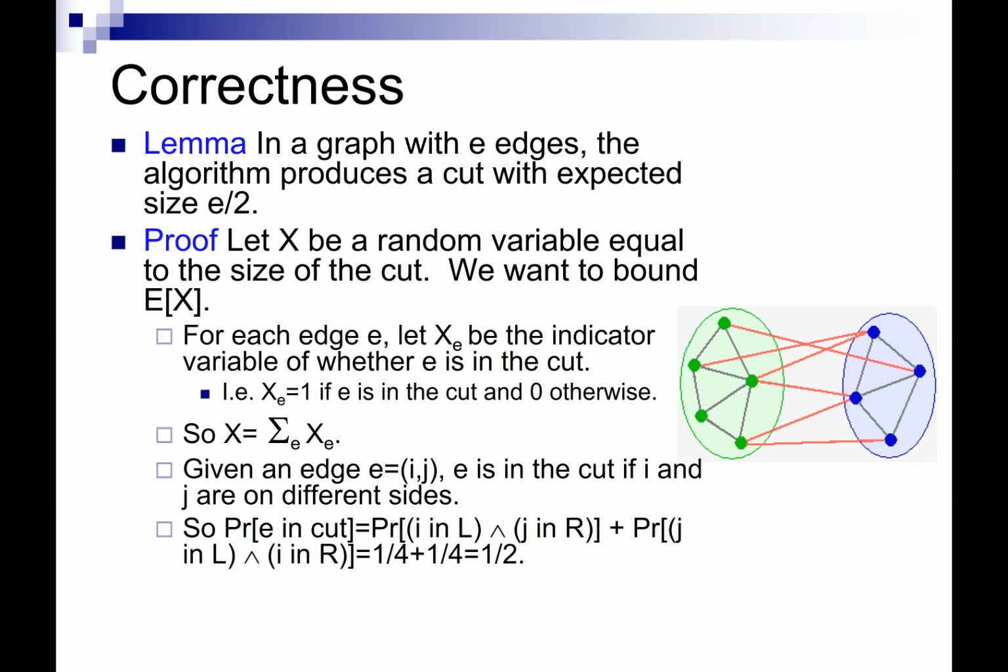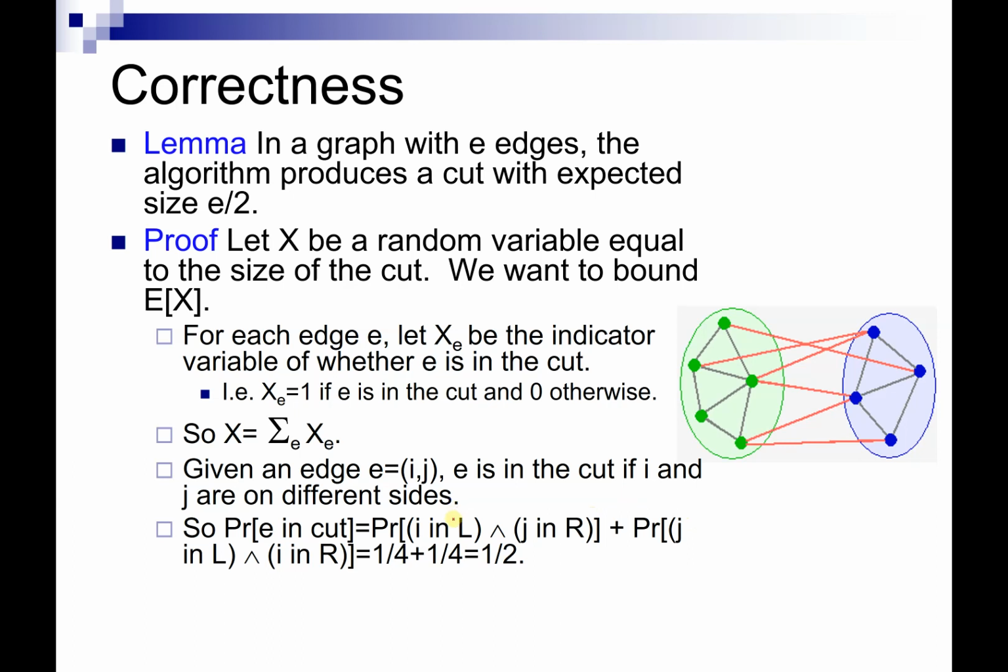Therefore the probability that this edge is cut is the probability that i and j are on different sides of the cut. There are 2 ways for this to happen. Either i can be on the left side and j on the right side, or j is on the left side and i is on the right side.